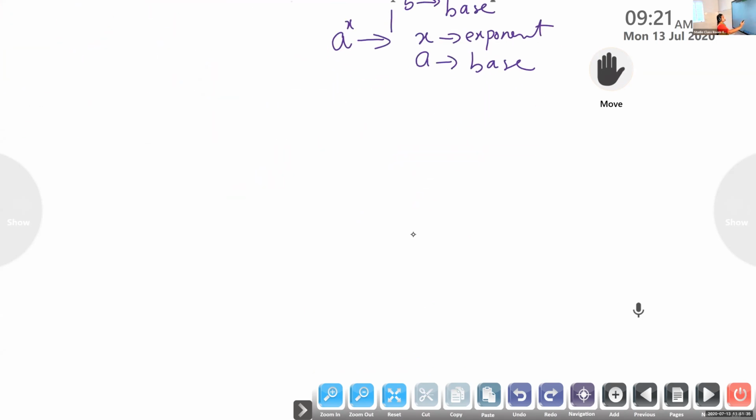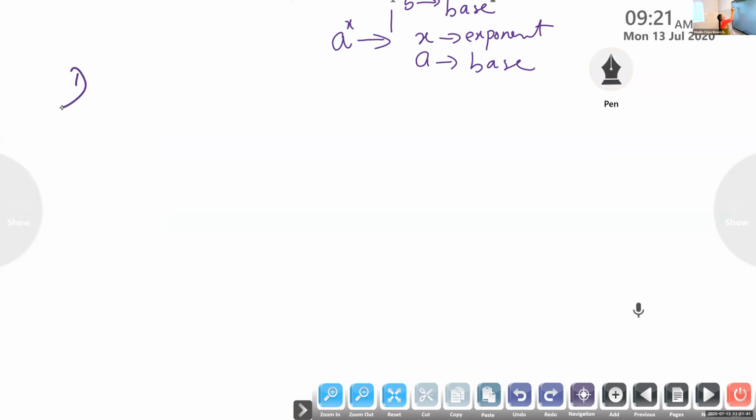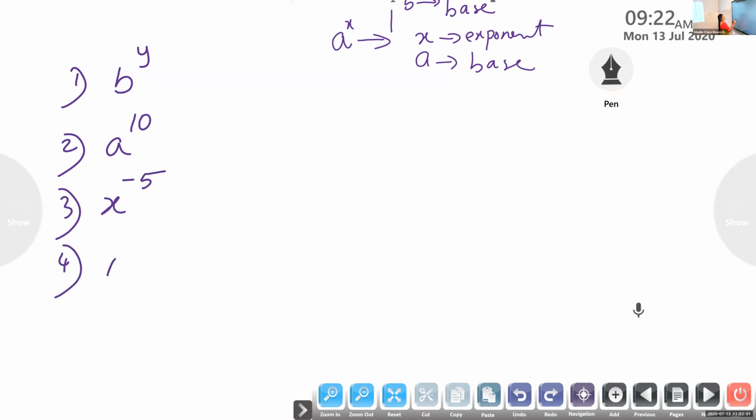Okay. Now you have to mention which is the exponent and which is the base. B raised to y. Second one, a raised to 10. Third one, x raised to -5. Fourth one, 10 raised to -1.